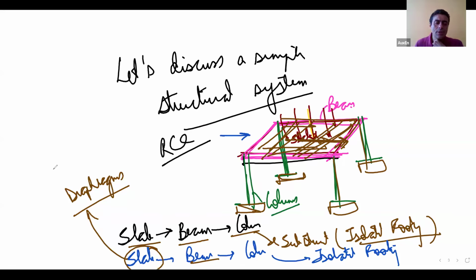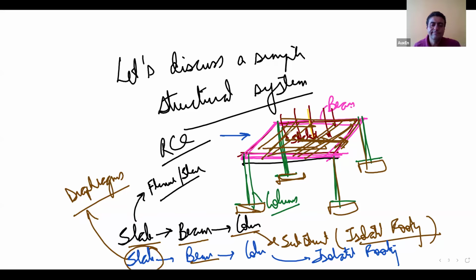If I just asked you in the slab beam column system that I had showed you, the slab takes the loads, and in slabs, the major design action that is developed will be what? Tell me. It will be bending and shear, isn't it?